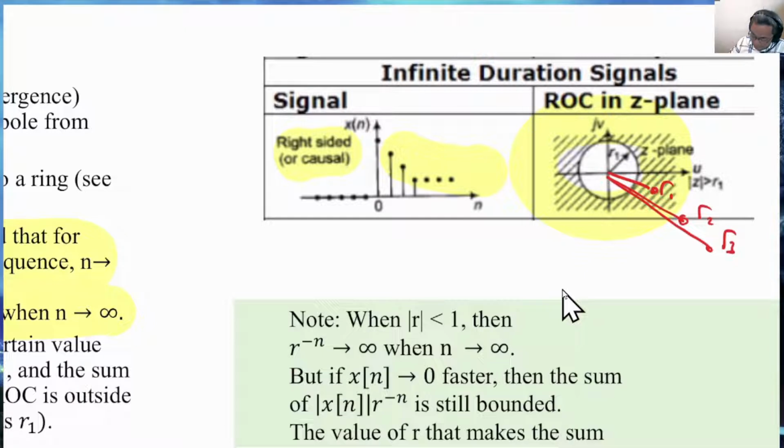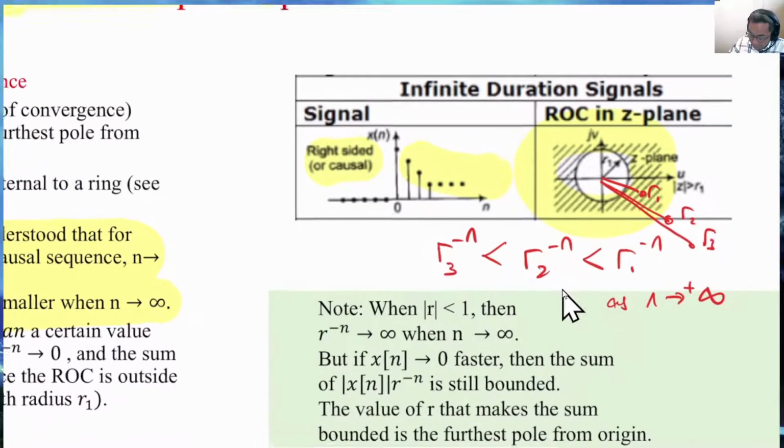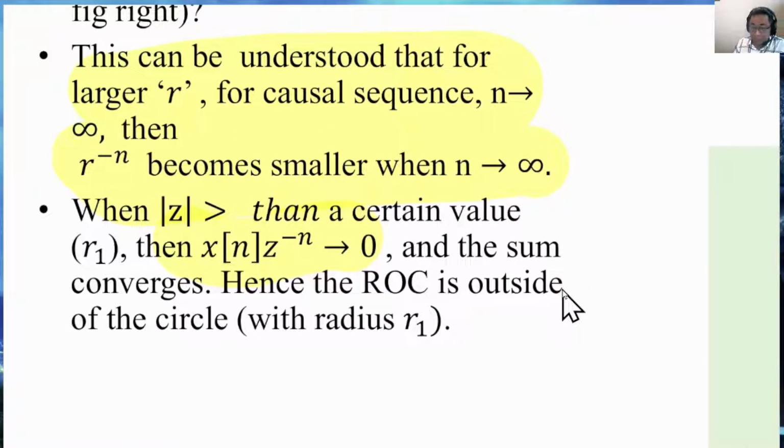The larger the r, so r3 to the minus n is less than r2 to the minus n is less than r1 to the minus n, as n tends to positive infinity. Since this value is being used in the denominator, therefore xn times z to the minus n tends to 0 faster for those r's that are even further away from the origin.